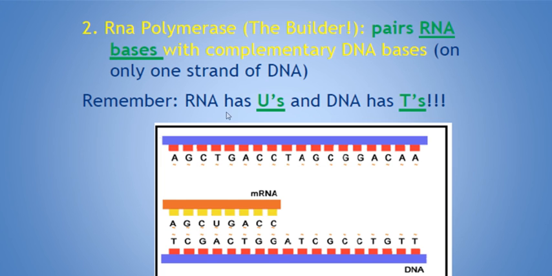Step 2, we have polymerase. Remember, a builder. But in this case, it's called RNA polymerase because we are building RNA this time, not DNA. So it is going to pair up your RNA bases, following complementary base pairing rules. Remember, RNA has U, so we no longer have T's when we are building our RNA.